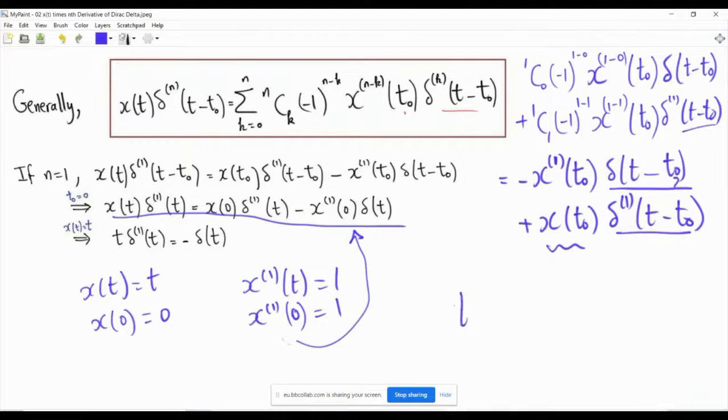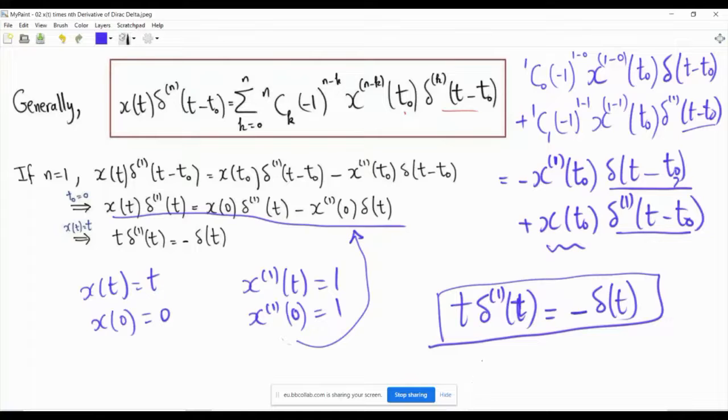And so we get this nice result that if you take the first derivative of the Dirac delta multiplied by t, what you get is minus delta of t. So this is a nice way of saying that you can write down the Dirac delta as minus t multiplied by the first derivative of the Dirac delta.